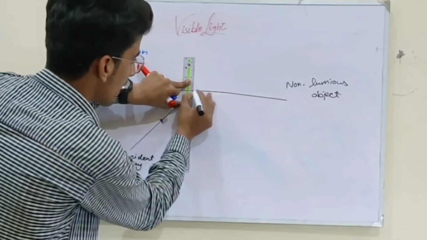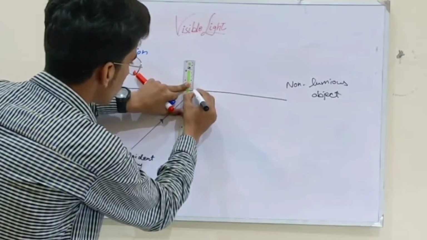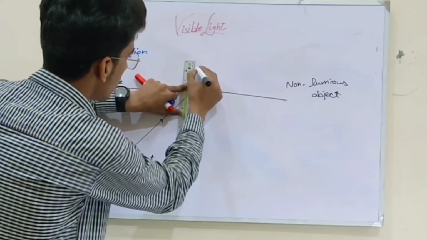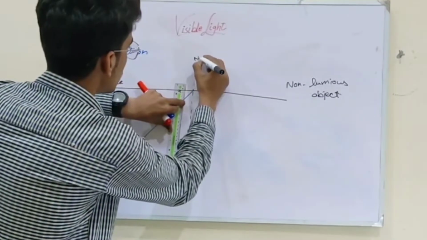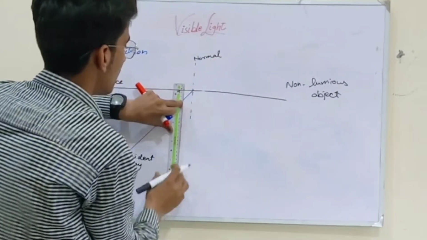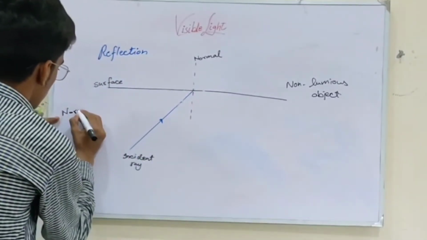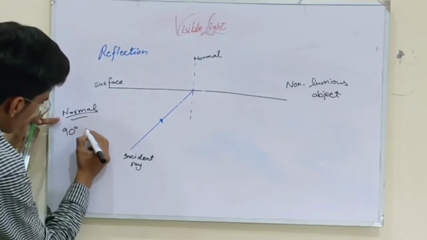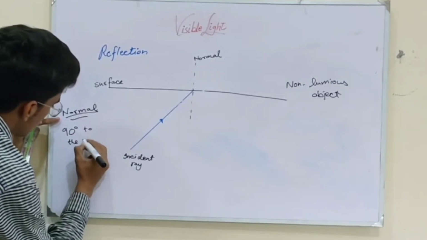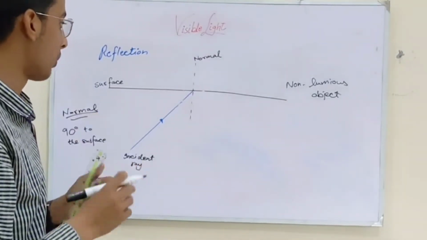You can take a protractor to measure 90 degrees. I do not have a protractor, so I will just draw a line. This is normal: 90 degrees to the surface.